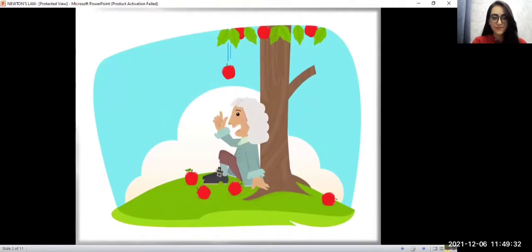Isaac Newton. So we're talking about Isaac Newton. Sir Isaac Newton, born 1643, an English scientist and mathematician, famous for his discovery of the law of gravity, also discovered the three laws of motion.